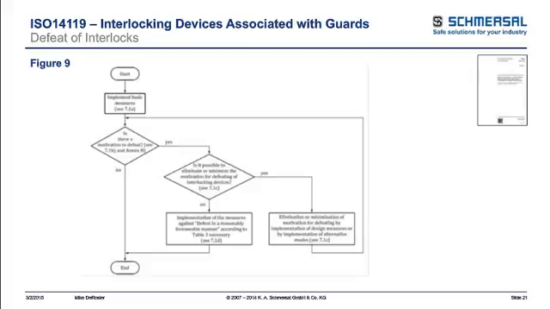Now what they did is they added this figure 9 here. And that figure 9 is just a decision tree. So you go through that decision tree based off of your risk assessment, and obviously you implement your basic measures, but then you have to ask the question, is there a motivation to defeat? It's easy to automatically say, no, there's no motivation to defeat.